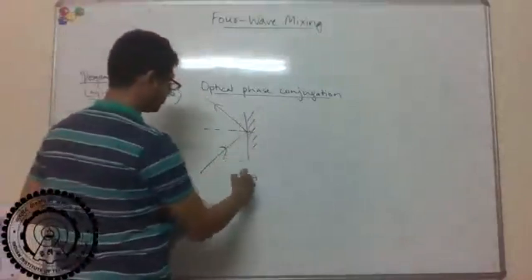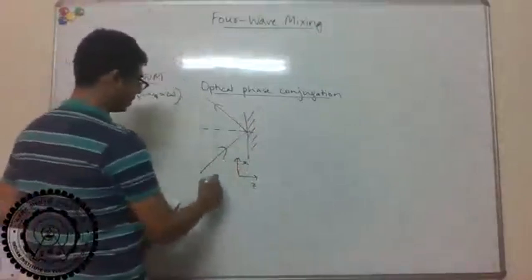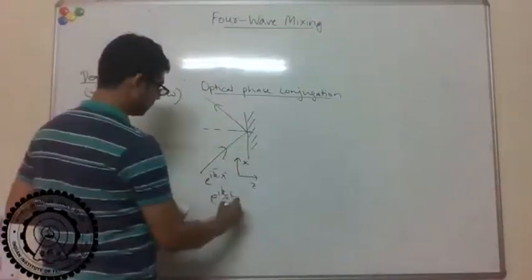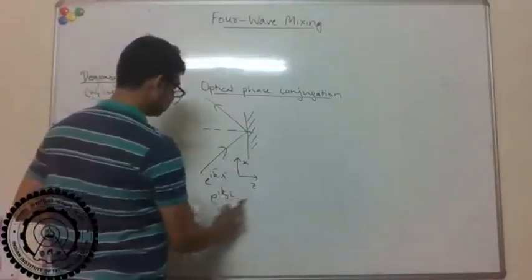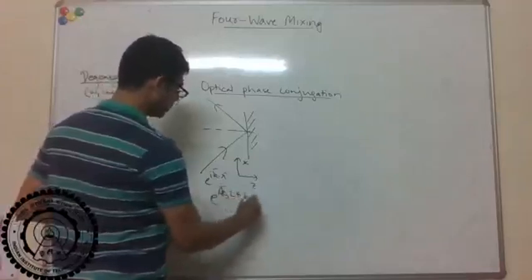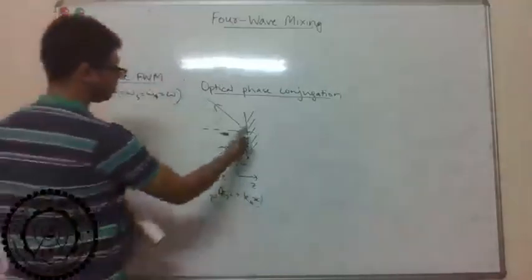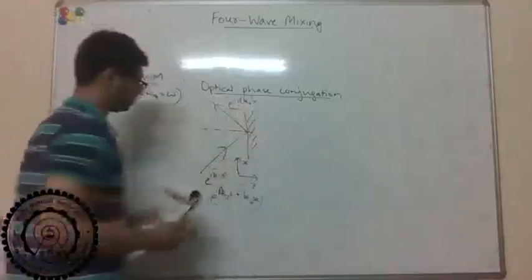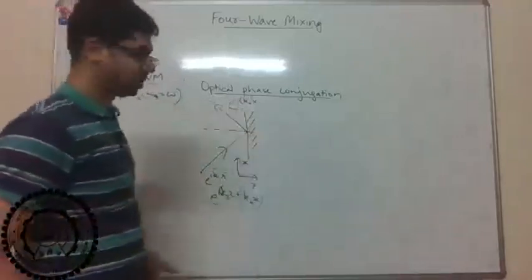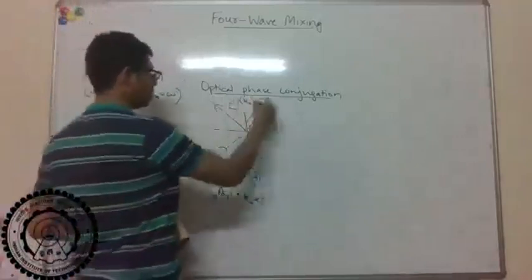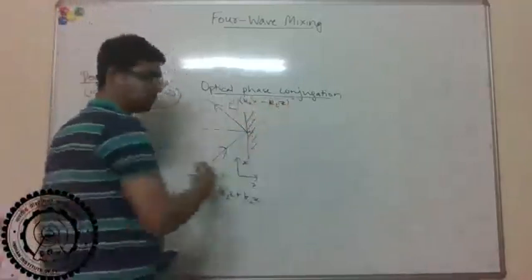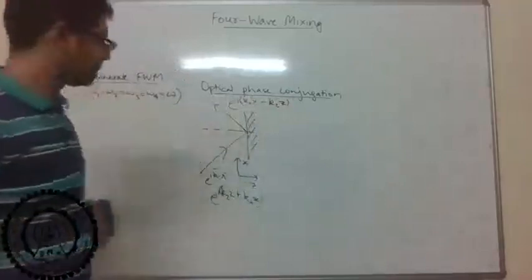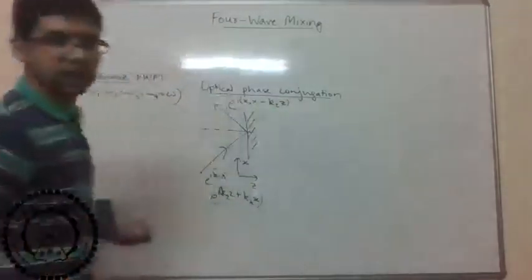If I call this z and this x, and this is some e to the i k dot r, which is e to the i (kz z plus kx x), then for the reflected part the kx x is conserved. The transverse wave vector is conserved, and the longitudinal one is reflected back. So that's why the reflected ray looks like that.